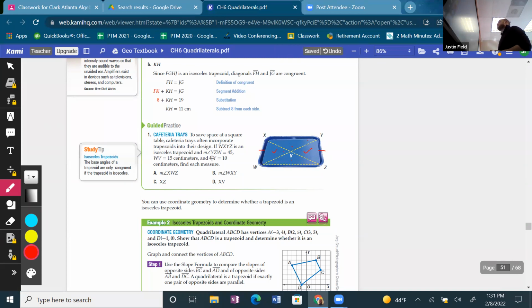YZW is 45. This triangle right down here is isosceles, so that's also 45. Alternate interior angles means that's 45, and so is that. And then that's 90. So then this must be 90.